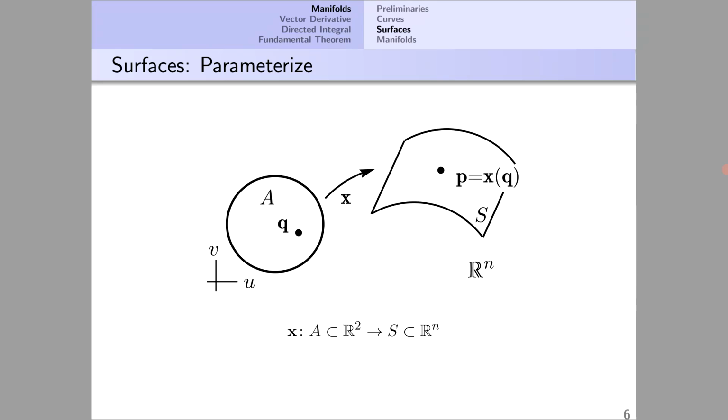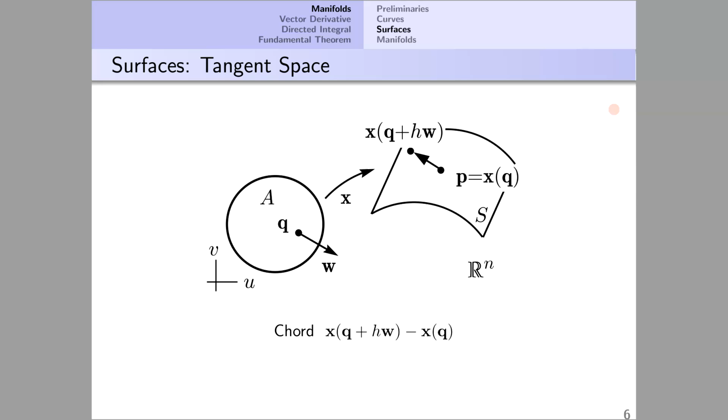We want to now take a nearby point to Q, just as we did when we parameterized curves. But first we have to pick a certain direction, call it W. Then I'll move to a neighboring point from Q along W, and that gets me to x of Q plus hW. Here's the chord between the 2 points.